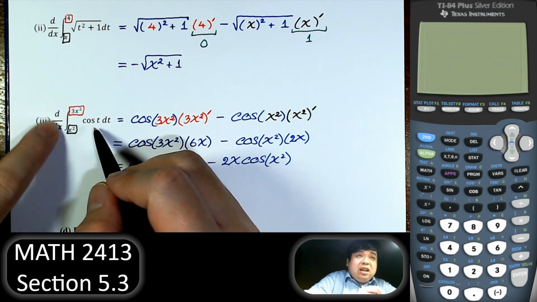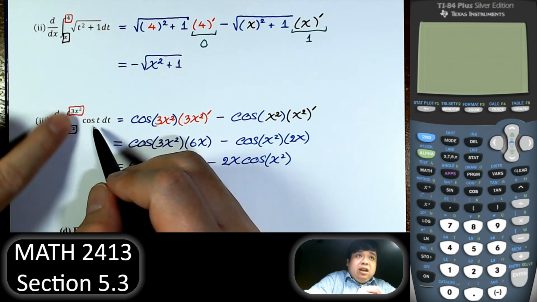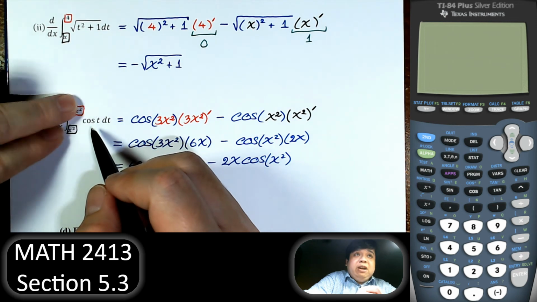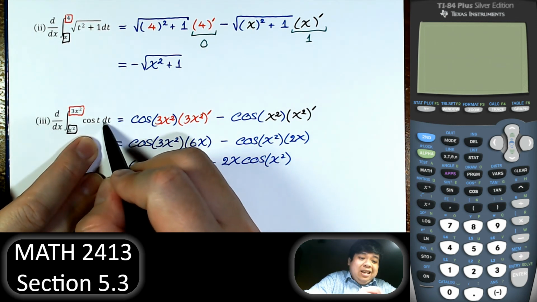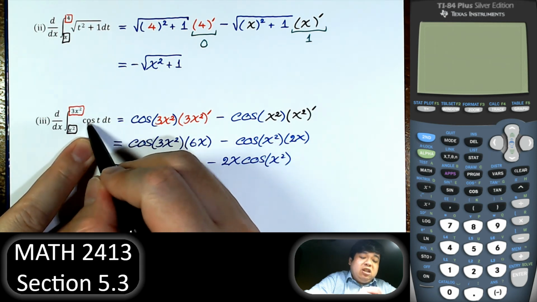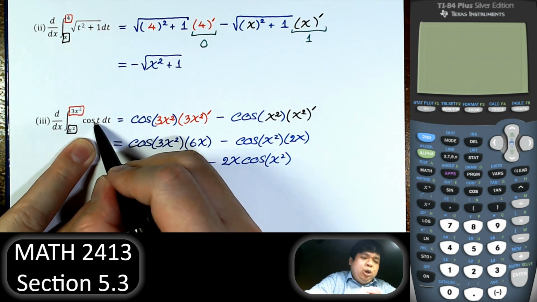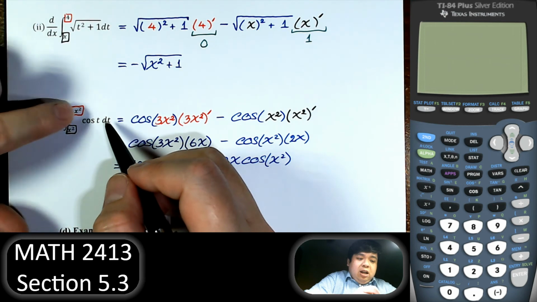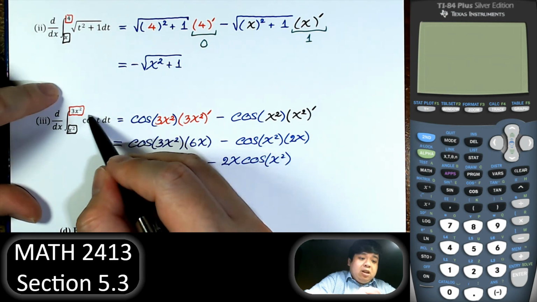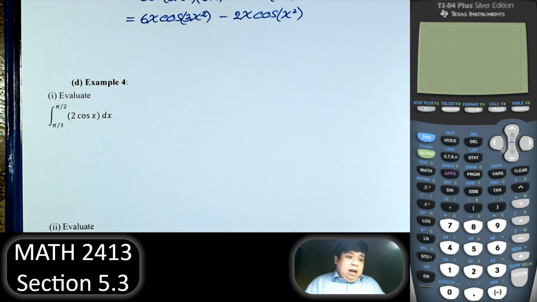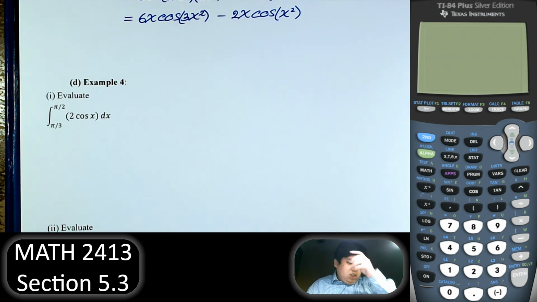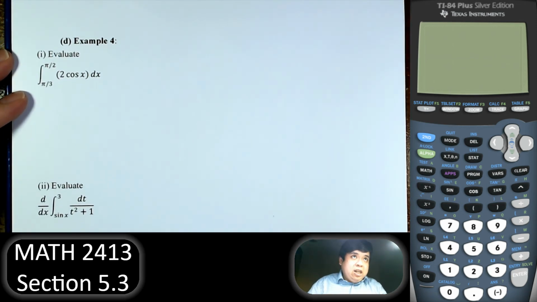So the limits and d over dx have to be the same variable. We can write u, v, or whatever it is, and this variable will be the same. Now, that's pretty much what we have for this section. Let's do one more example for each one of them.